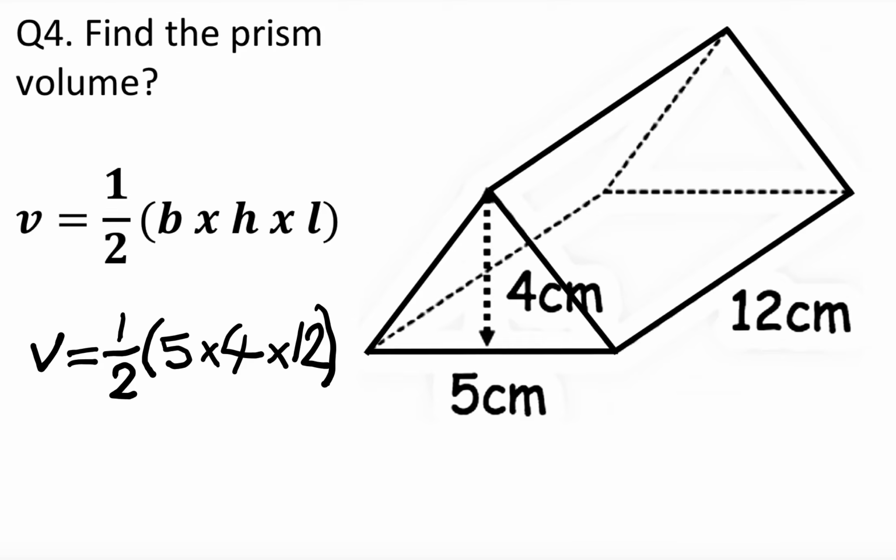So we can break it down. 5 times 4 is 20, and times 12 is 240. So I write down 240, that's the bit in the brackets.